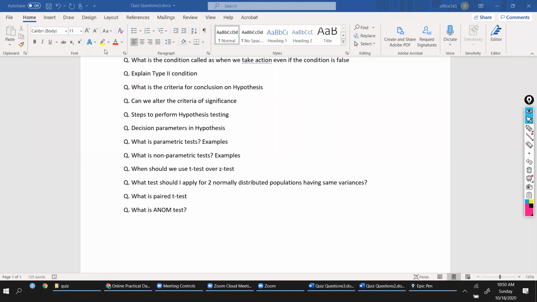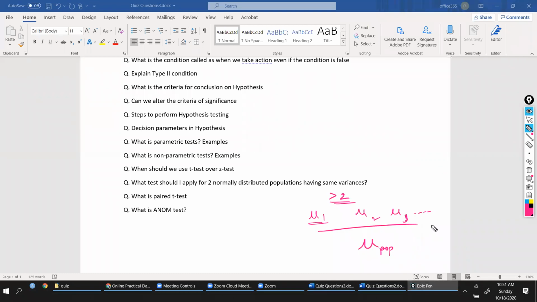So we are talking about an ANOM test case. An ANOM test case basically is used when you have more than two populations, and we are trying to compare mean 1, mean 2, mean 3, and so on with respect to the overall population mean. Which of the means of the populations are statistically different from the overall mean?